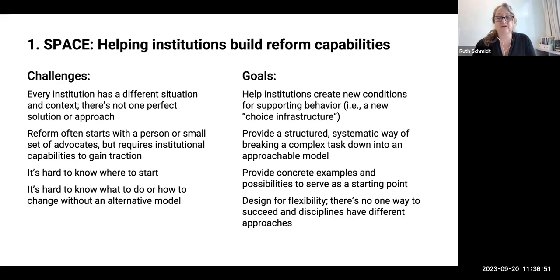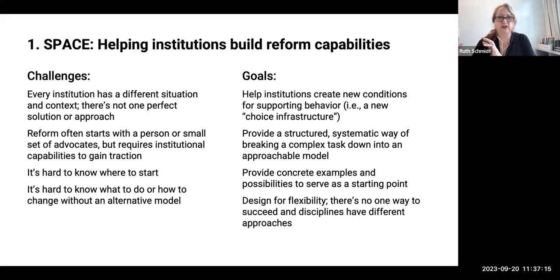I've sort of alluded to this already, this isn't just about individual leadership, but also recognizing how institutions have to redesign themselves sometimes in order to achieve this. The two biggest issues, though, that we heard from individuals is that it's very difficult to know where to start. And that is often because it's very difficult to envision something different without seeing examples of it.